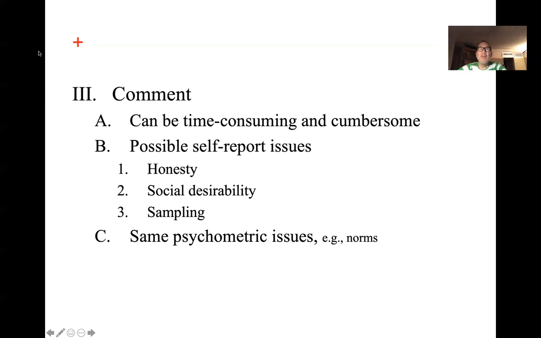Okay. And also, you have the same issue as you do with psychometric tests, in other words, the absence of norms. With some of these things, like ADHD, you may have norms, right? Some people may have collected this kind of data, might have group-generated data, so that you can compare your individual case with that.